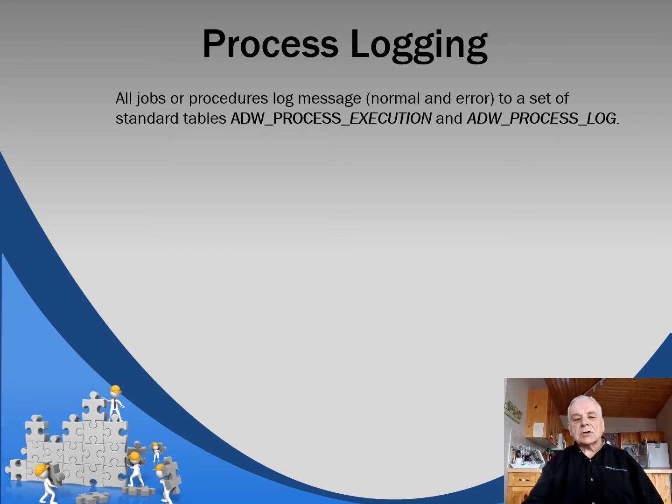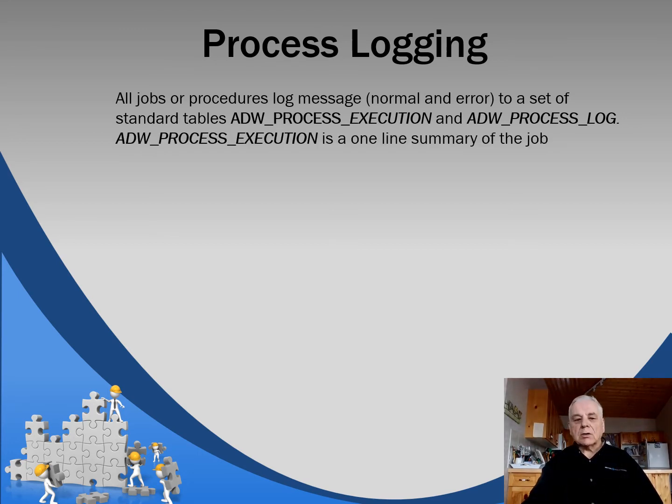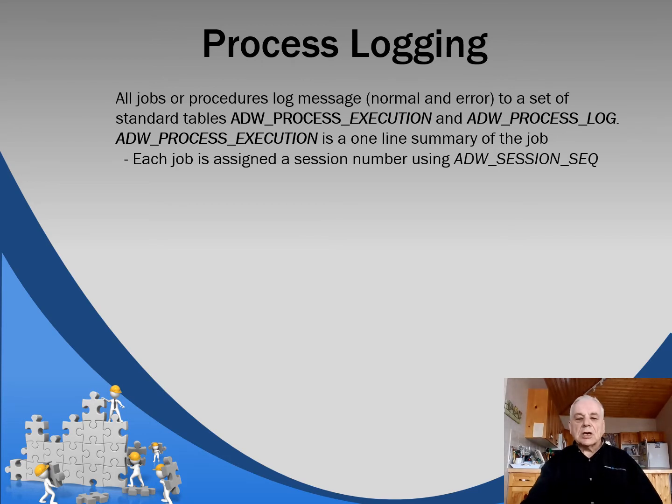The standard tables that are used are ADW process execution and ADW process log. A job is assigned a particular session number, and one entry for that job is made into ADW process execution. Each job is assigned a session number using the ADW session.